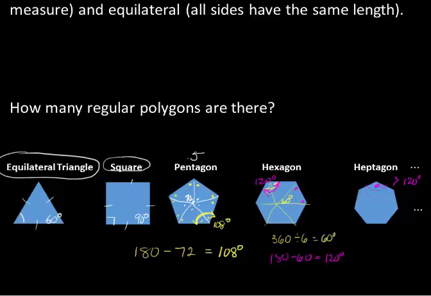Well, there would be infinitely many, right? There are infinitely many regular polygons, and they begin to look more and more like circles. But really, mathematically speaking or geometrically speaking, there are infinitely many. They just wouldn't look any different to us.